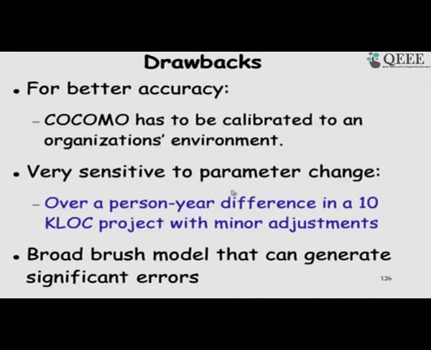And also, the adjustment factors in the intermediate model are directly multiplied, and therefore, they can make a huge difference to the estimation of the effort and time. So, this model is very sensitive to parameter change, and therefore, we need to use it very discretely. The parameter adjustment factors need to be estimated very carefully, otherwise it will give a large inaccuracy.